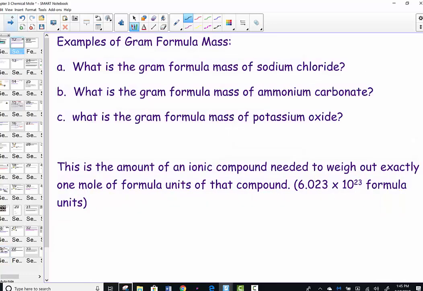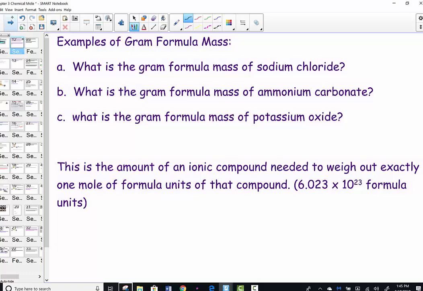The last part, and I'm just really being sneaky, it's my way of making you practice nomenclature, really is the drill here. Keep going on your paper to turn in. I want to see the nomenclature. Tell me the mass of sodium chloride, ammonium carbonate, and potassium oxide. I have to see that you can write formulas to build a foundation to do a mole calculation.